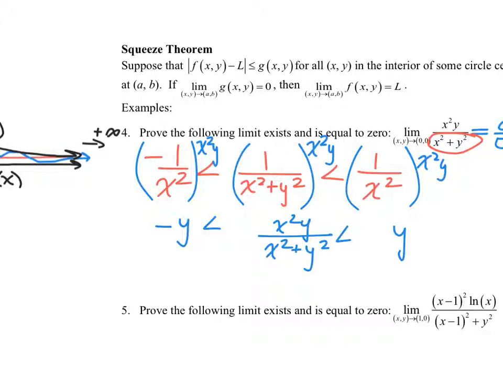So I'm going to find the limit of each piece. So the limit as (x, y) approaches (0, 0).